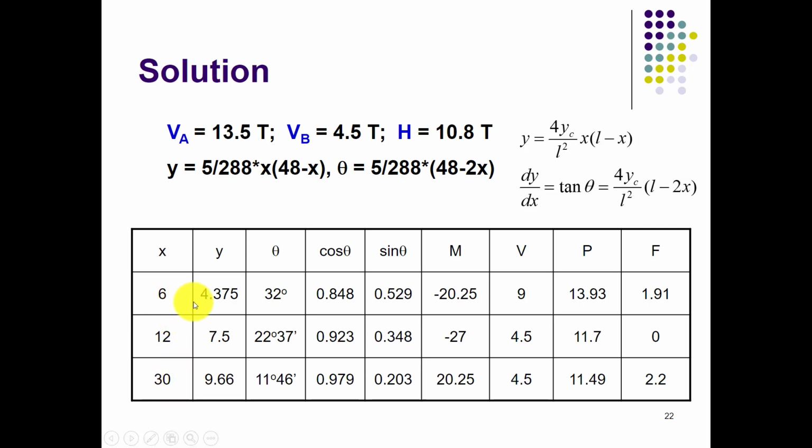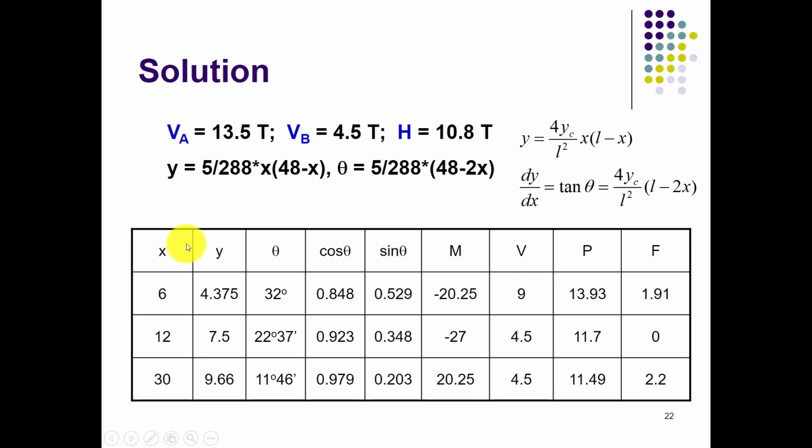So we can find the value of y, theta, cos theta, sine theta, and ultimately moment, shear, P force and F force by putting the value of x into the formulas. So in this way we can solve the three hinge arch by using the parabolic equation and resolving it into its basic components.